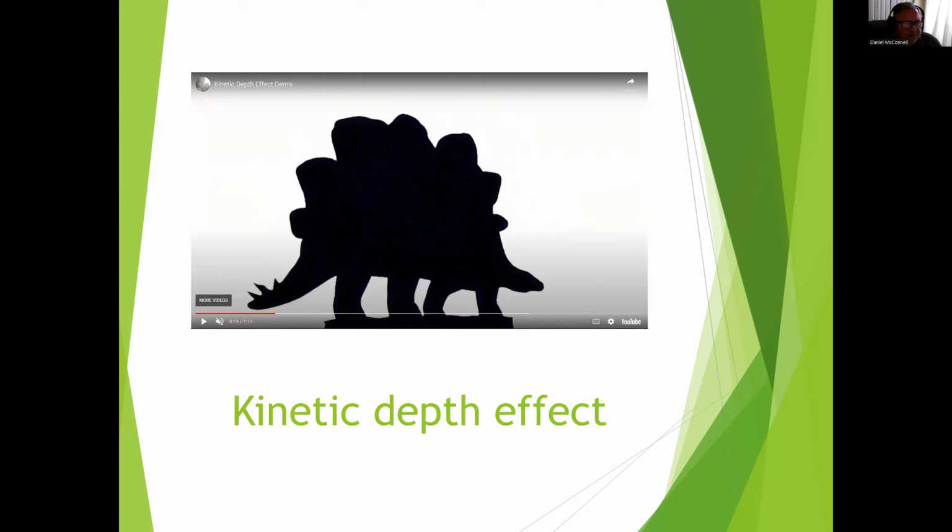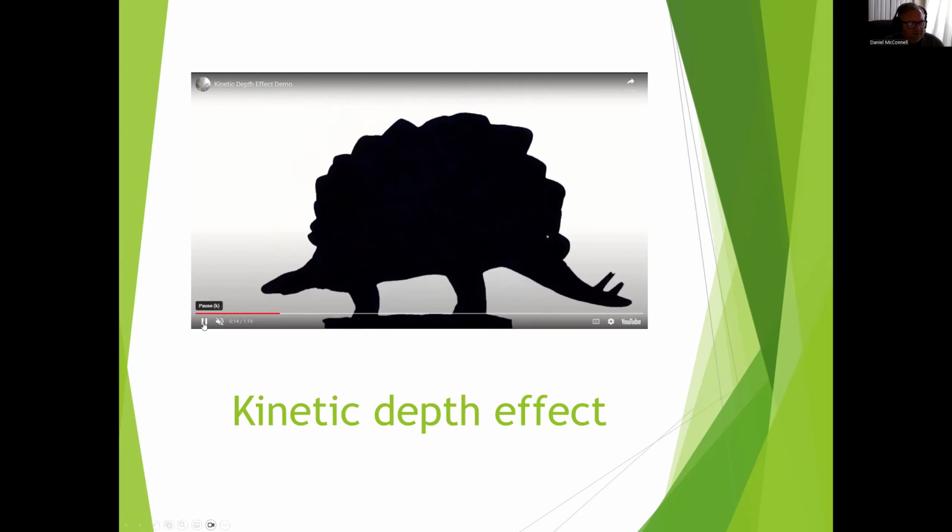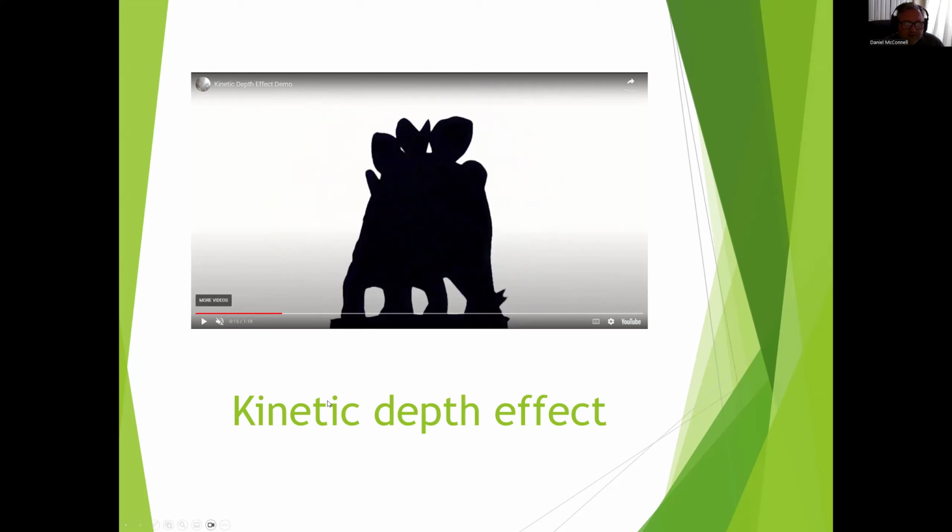When I pause the video here, you're seeing a two-dimensional shape, just a black two-dimensional shape on a white background. From this particular perspective, you can tell that it's a stegosaurus, but if you hadn't seen it already, you might not know what this is. It just looks like a bunch of random blobby things.